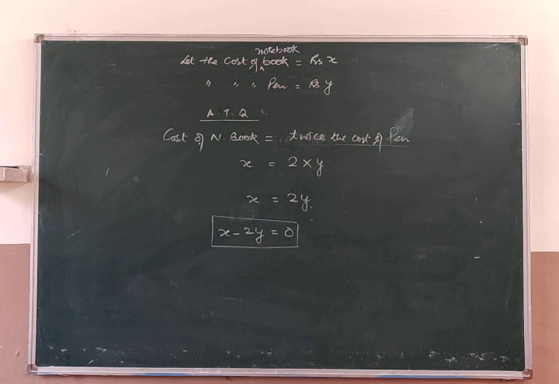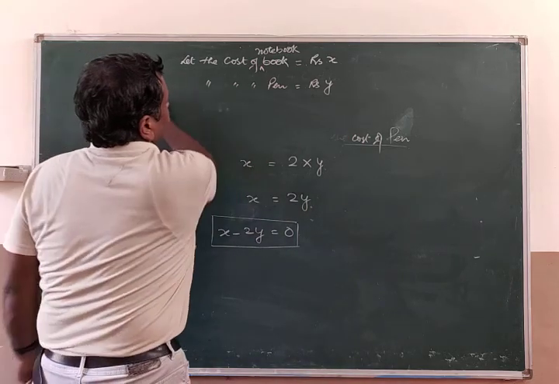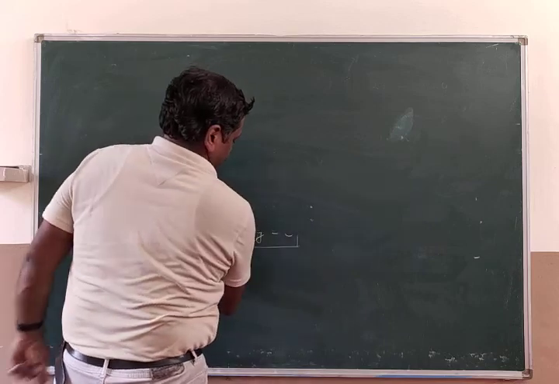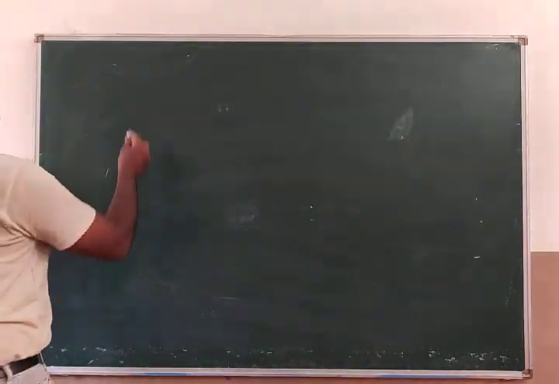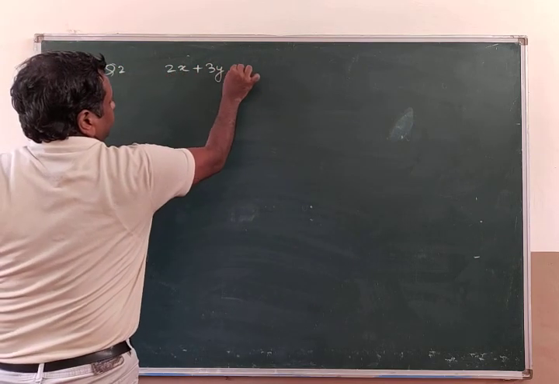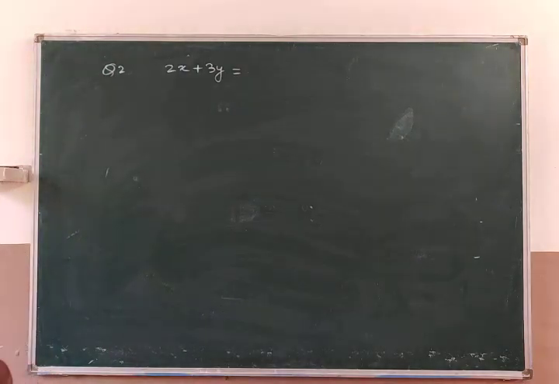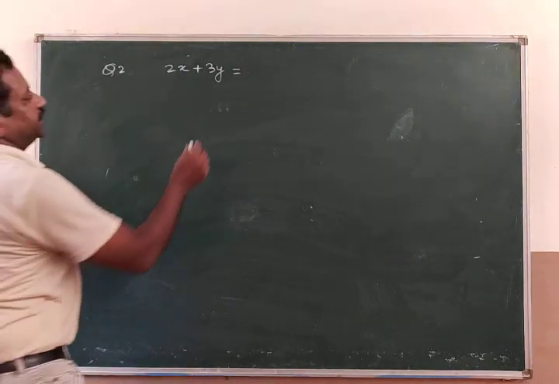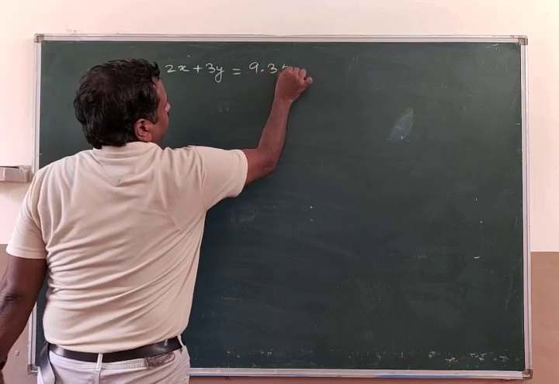So the next question is: express the following linear equation in the form ax plus by plus c equal to 0 and indicate the values of a, b and c. Question number 2: 2x plus 3y is equal to 9.3 under the bar 5.